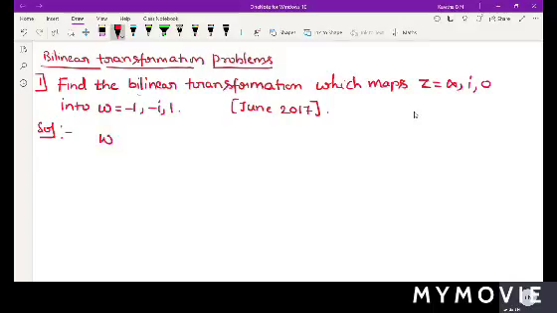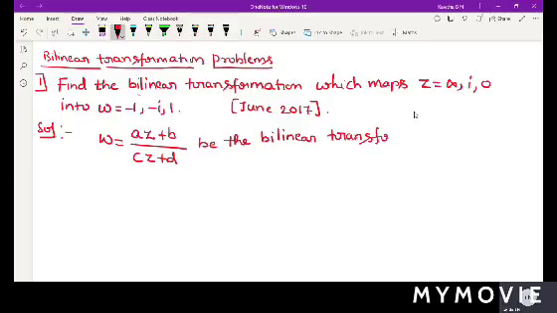First we have to write w is equal to (az plus b) divided by (cz plus d), be the required bilinear transformation. Then substitute the values here.